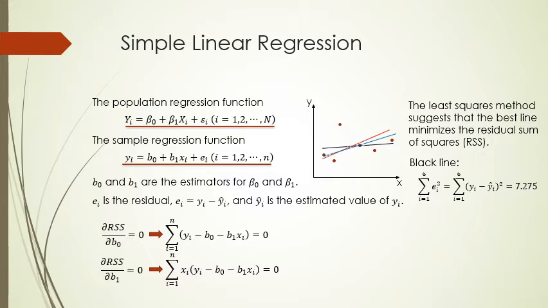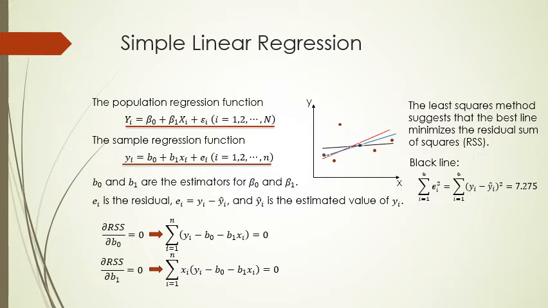The least squares method suggests that the best fit line minimizes the residual sum of squares, RSS. In ANOVA, the residual sum of squares is related to the difference between the observed values and the group means, and represents the within-group variation that may not be explained by the model.